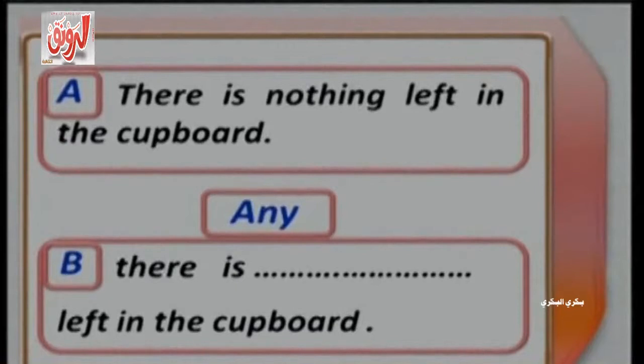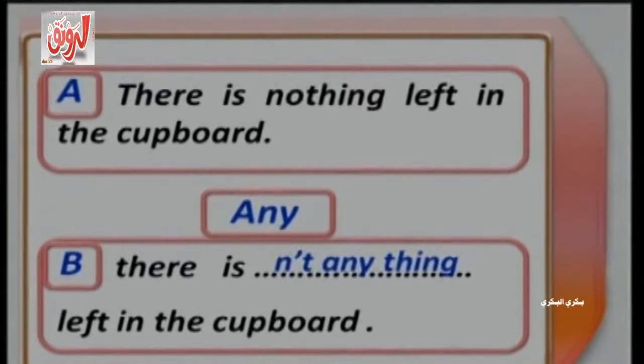And we are asked to use any to give the same meaning. We say there isn't anything left in the cupboard. Therefore, we have replaced the negation found in sentence 1 with any.